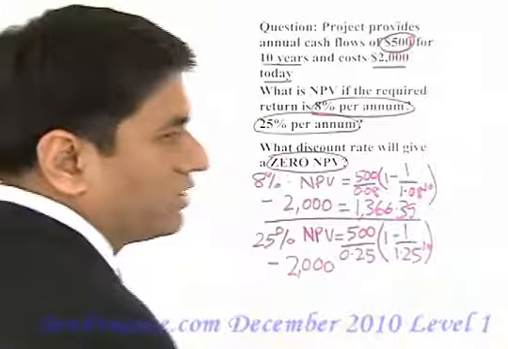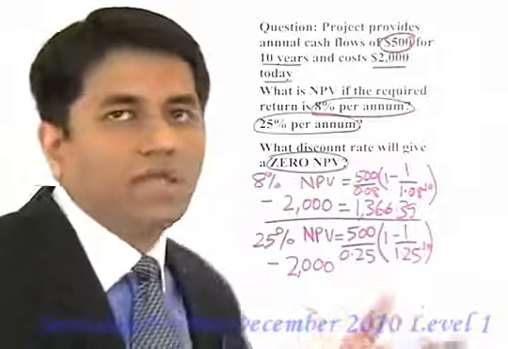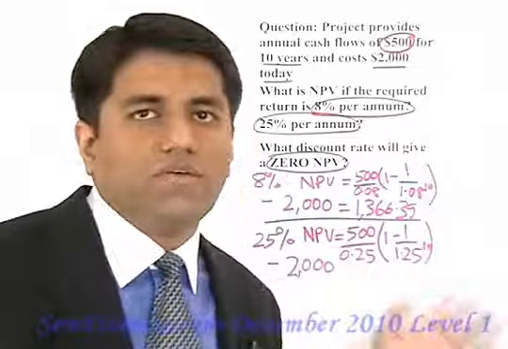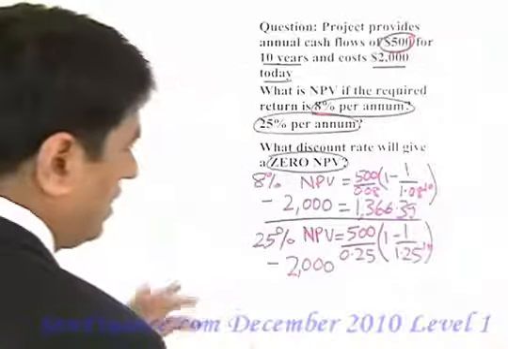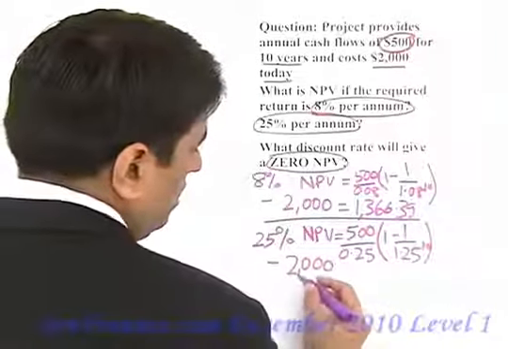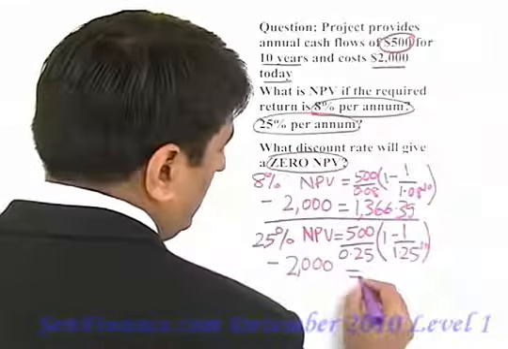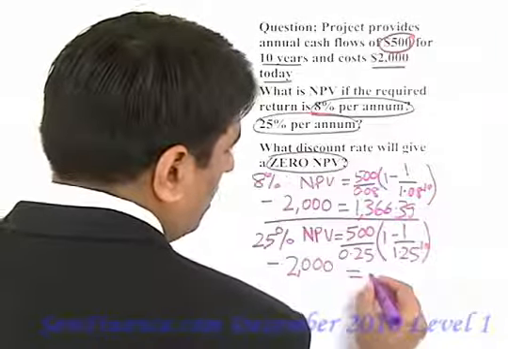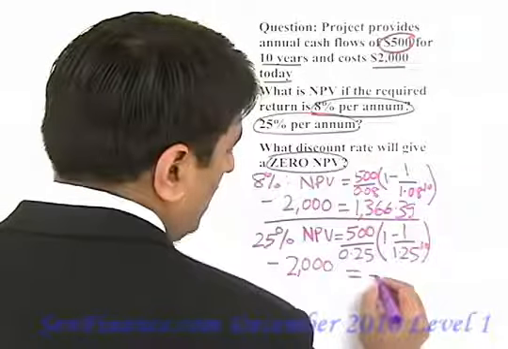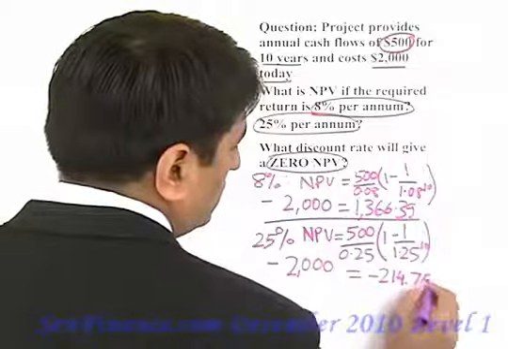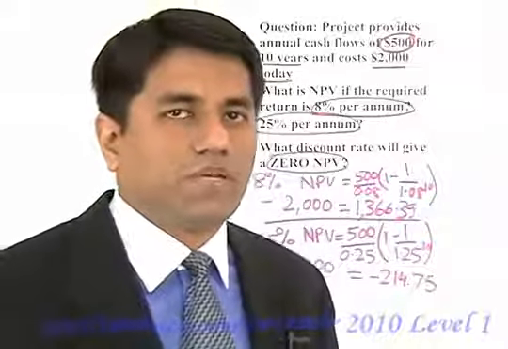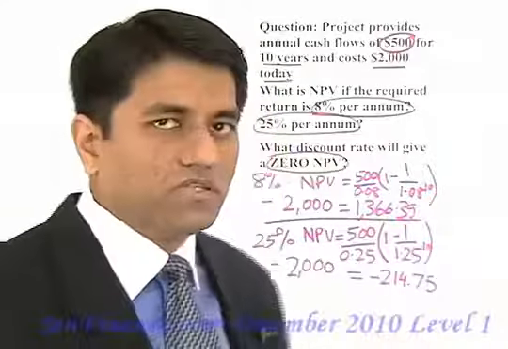Now this cost remains unchanged because this is today, so the change in rate of discount does not make a difference because the cost is incurred today itself. And this equals minus 214.75. So this turns out to be a negative NPV project, and this project should not be done if the rate of discount is 25%.